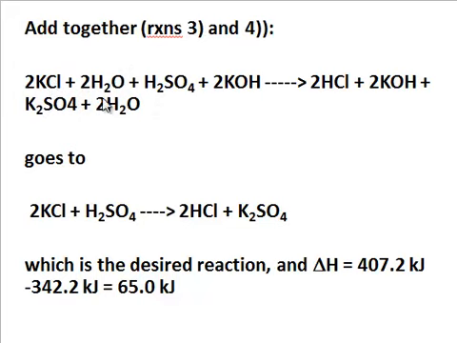And when you remove waters and potassium hydroxides from both sides, because these occur on both sides and do not participate in the reaction, here's what you are left with, which is the desired reaction, and delta H is 407 minus 342.2, or 65.0 kilojoules.